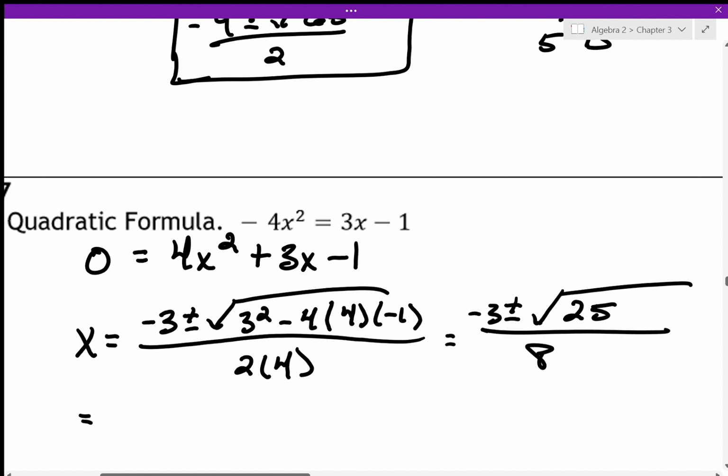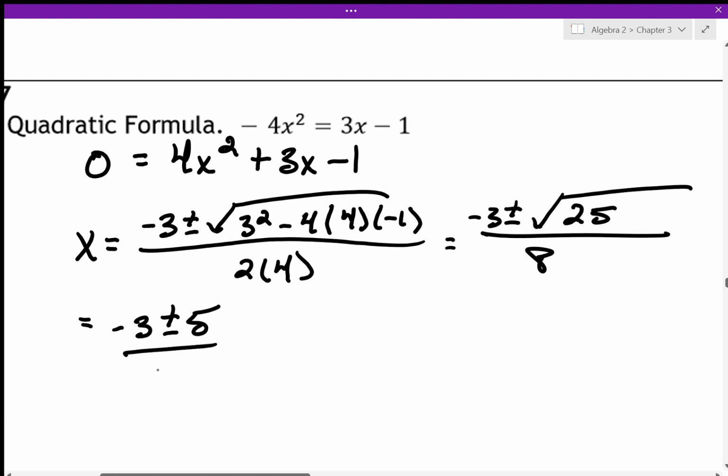Square root of 25 is a plain old 5, so negative 3 plus or minus 5 over 8. And because that 5 is a nice integer, I can break this apart into its two parts. Negative 3 minus 5 over 8, and negative 3 plus 5 over 8.